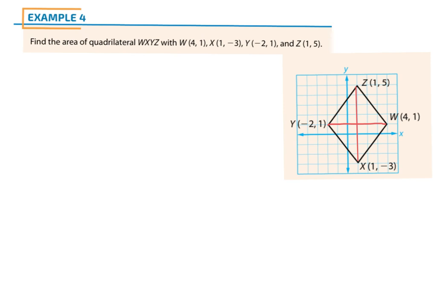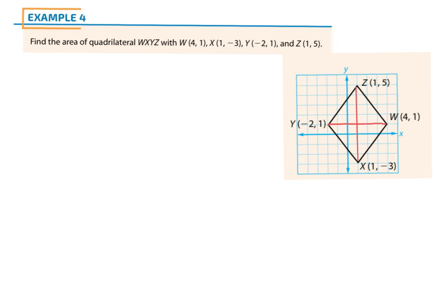And then you have 1, 2, 3, 4, and 1, 2, 3, 4. So they bisect each other. 1, 2, 3, 1, 2, 3. So you can see the diagonals bisect each other and they're perpendicular, which tells you it's a rhombus.